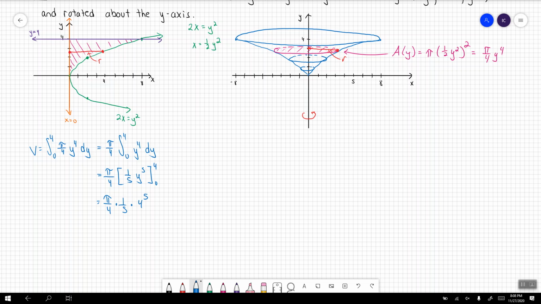That means that's going to be 4 to the power of 4. So 4 to the power of 4 gets us 256. So we get 256 pi divided by 5. And again, this is in cubic units, because it's a volume that we're finding.